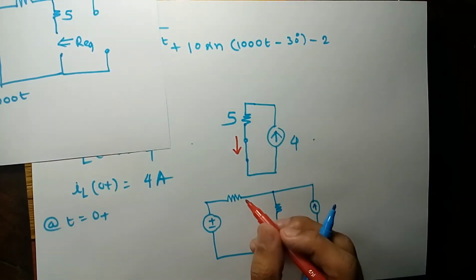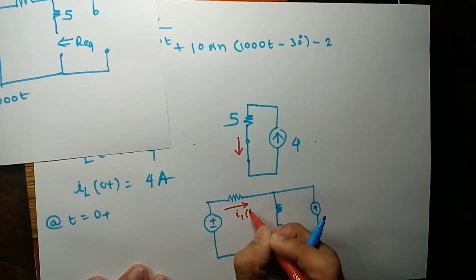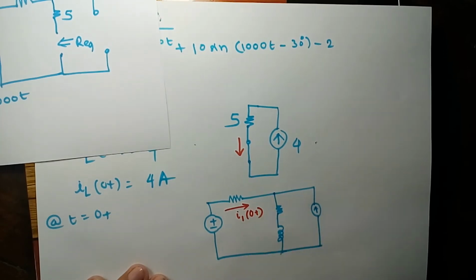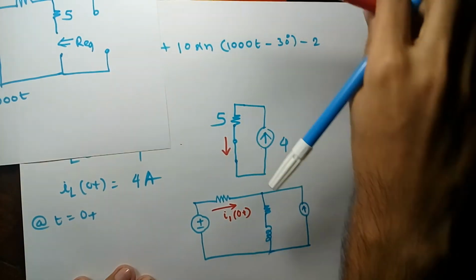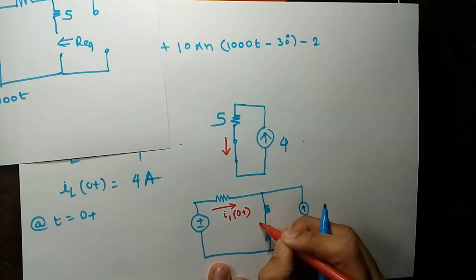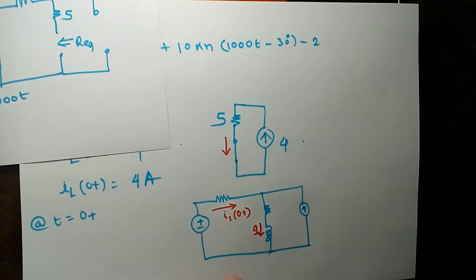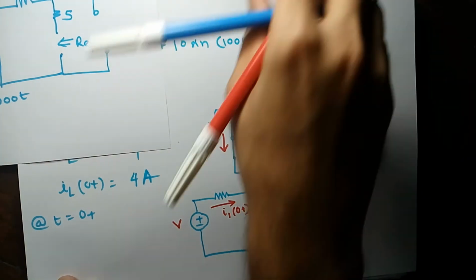We want to fully concentrate on the current in this branch at the moment 0 plus. We know that the current going through the inductor even after switching will be 4 amps, so that is given. We also know the voltage source's value, though I don't think that's important.